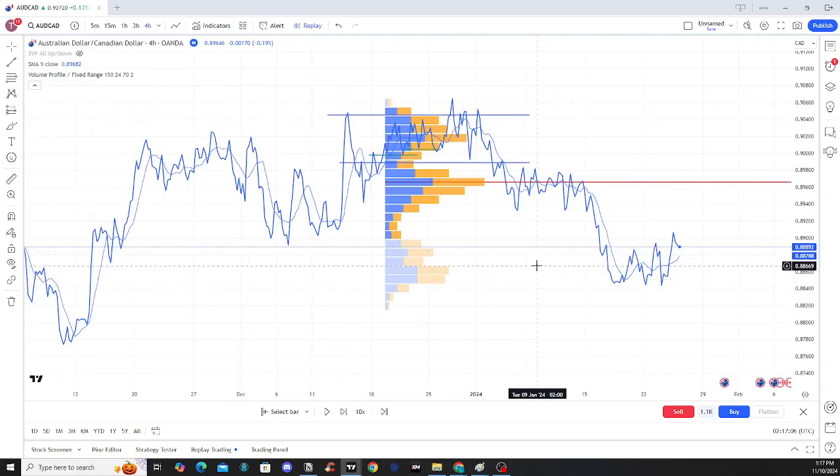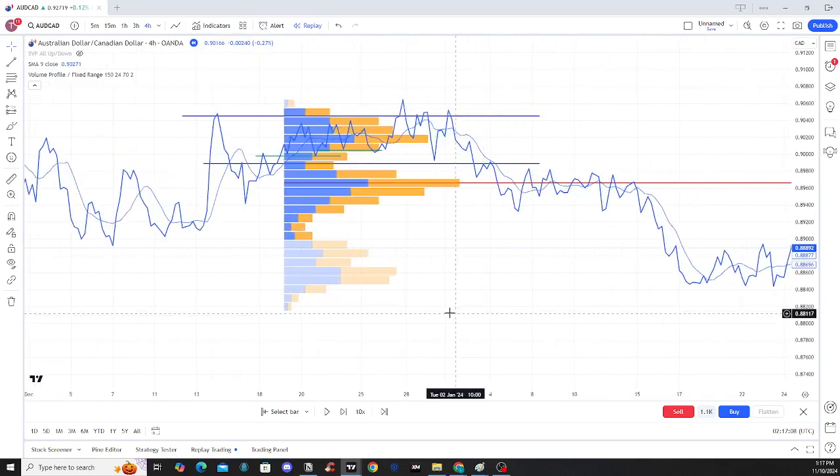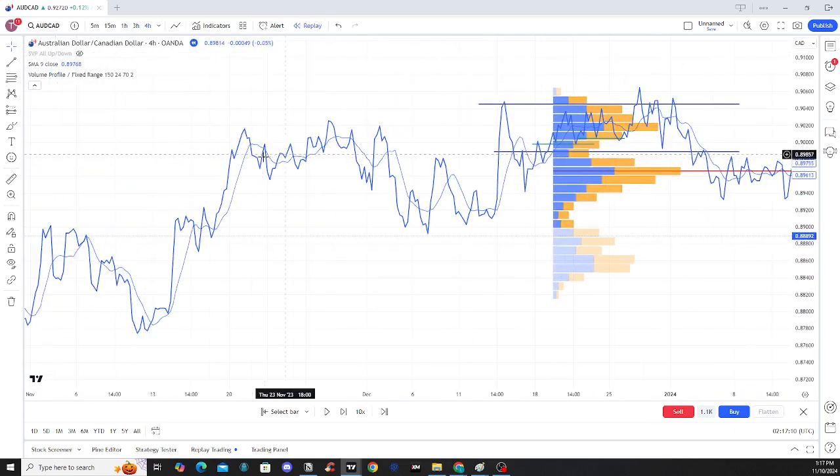Okay, so the first area is a retest of this daily high. As you can see, the 4-hour pushed above the daily high, but it closed somewhere around here, and that close became this high point.